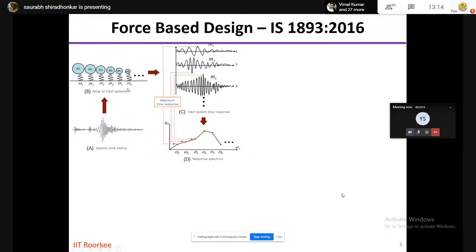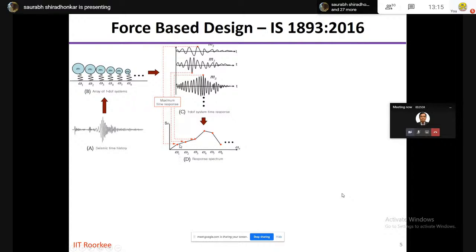And then for each single degree of freedom system, we apply an earthquake ground motion, and then we figure out its response. The peak response, which is typically the peak displacement response of a system, is taken from that particular linear time history analysis, as we call it.